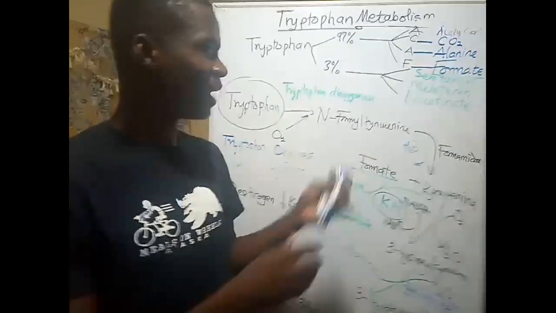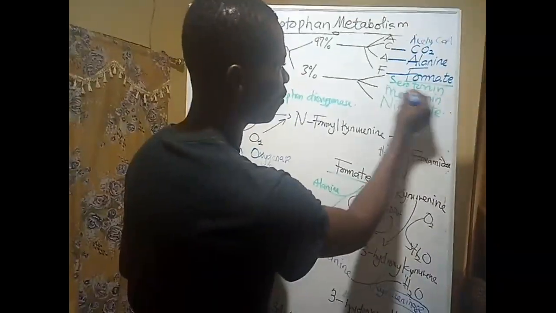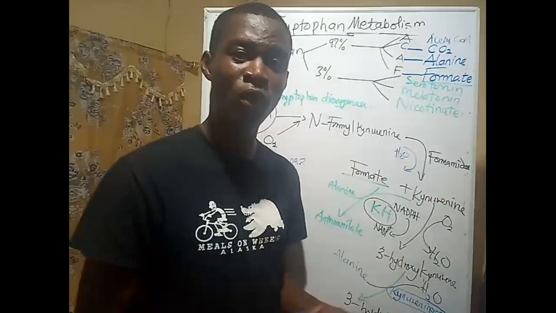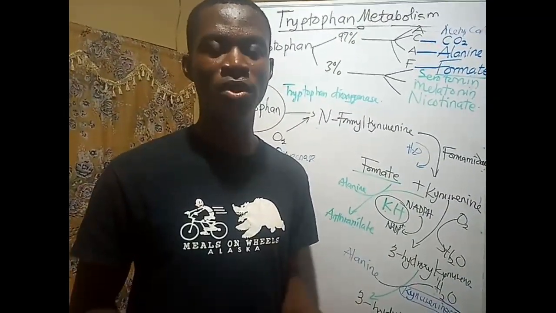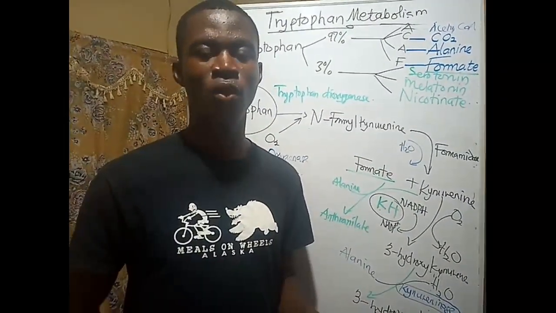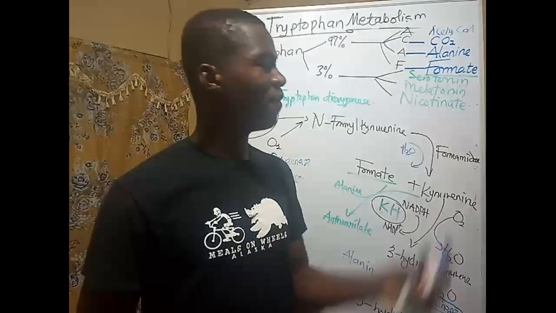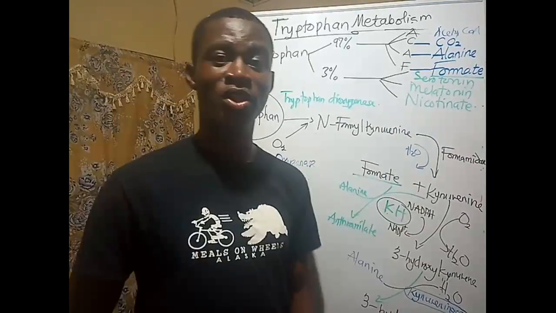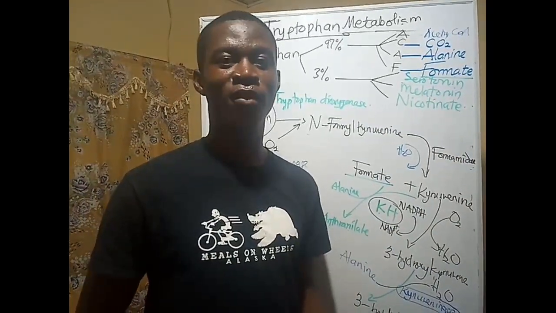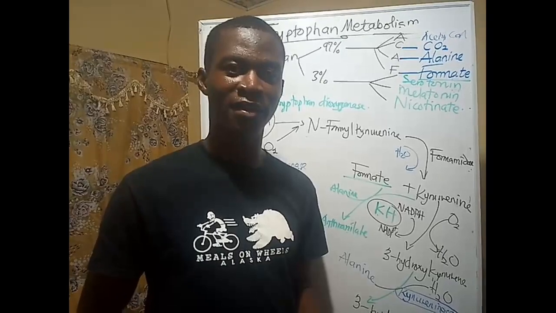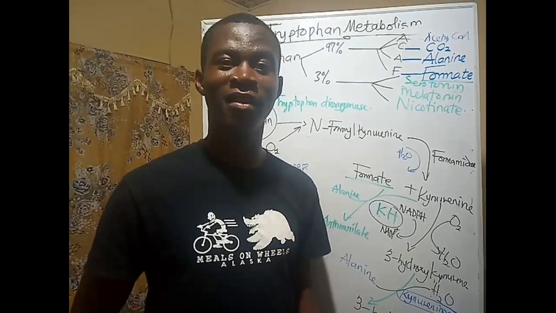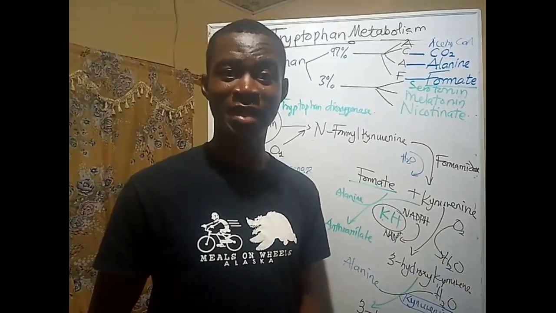Now, tryptophan, as we saw, leads to the production of what? Serotonin. And serotonin is a sleep-inducing neurotransmitter, so it induces sleep. And since tryptophan leads to the production of serotonin, if you take food that is high in tryptophan, you are likely to get what? Serotonin out of it when it is metabolized, and then you sleep.